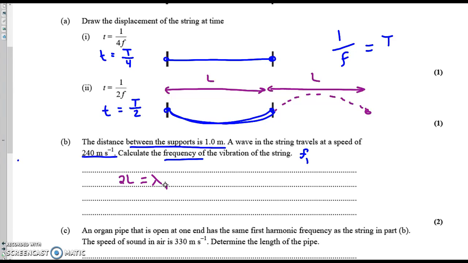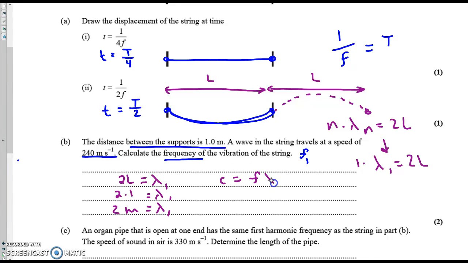You can do it that way and reason through, or you can memorize the equation: n lambda n equals 2L. We're talking about n is 1, the first standing wave, the first harmonic, and we get the same formula. So if we plug in L, we get 2 meters for lambda 1.